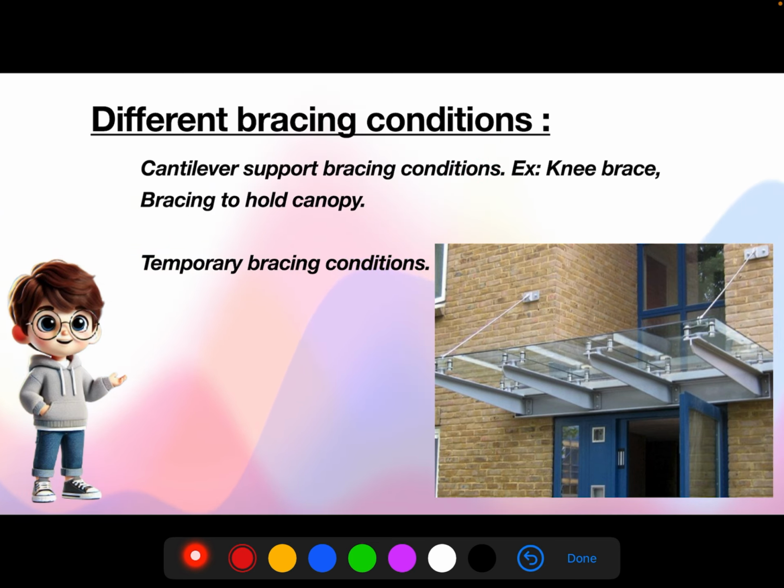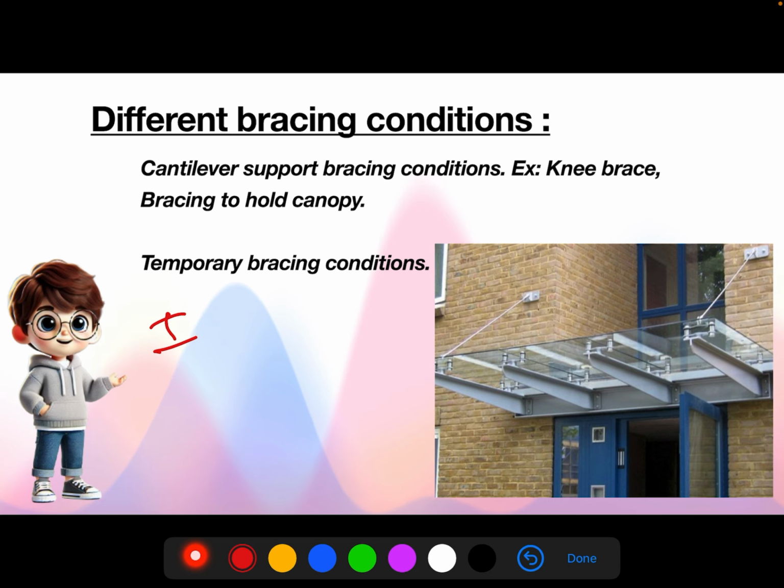Those bracings do not belong to the final framing of the building. For temporary purposes, we will use some temporary shoring with the help of those bracings. I'll give one example so that you will understand where these temporary bracings are required.